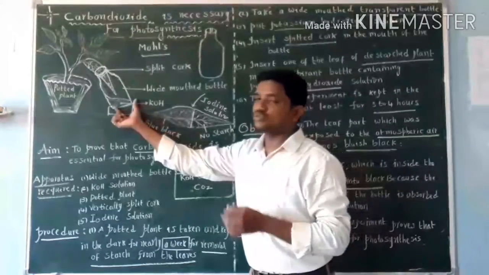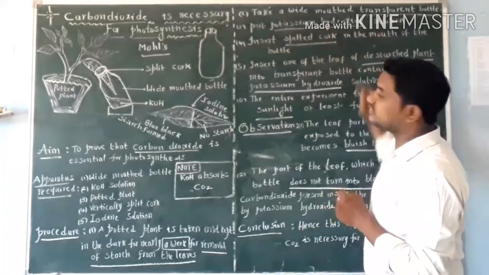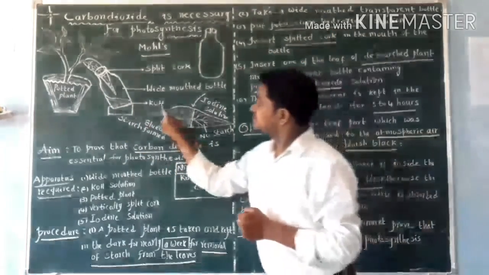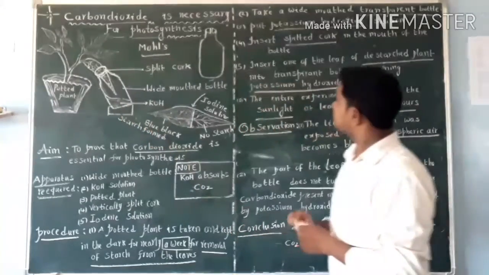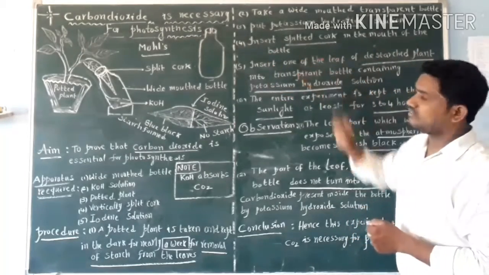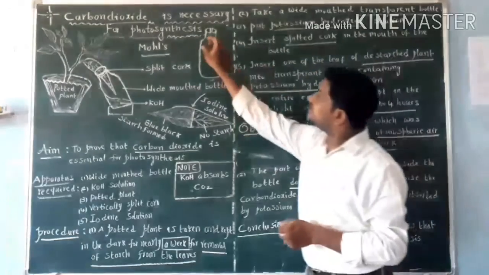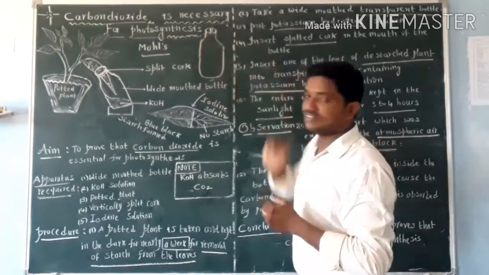This is a wide mouth transparent bottle. Put potassium hydroxide solution in it. This is the potassium hydroxide solution. Insert a split cork in the mouth of the bottle. This is the split cork we have to insert into this bottle.